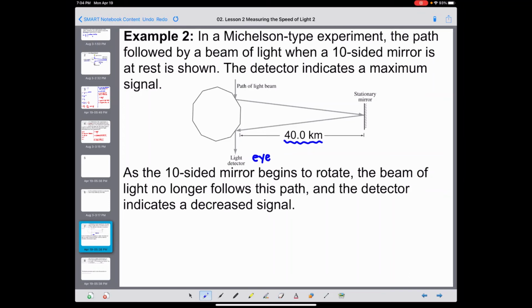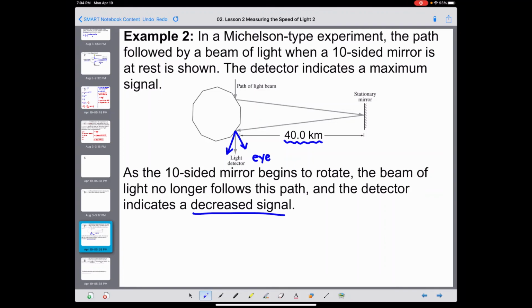And so when the light gets back to right here, some of it is getting directed here and some of it is getting directed the other way, but not all of it is going into the light detector. So once in a while, if that mirror happens to line up the right way, the light detector might see a flash of light, but it's not going to see light continuously because things aren't lined up properly. So that's why we're seeing a decreased signal.